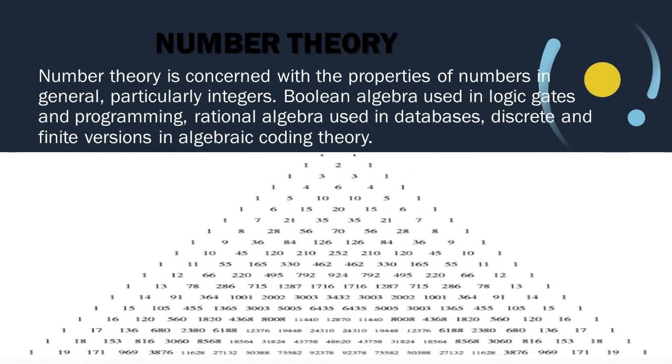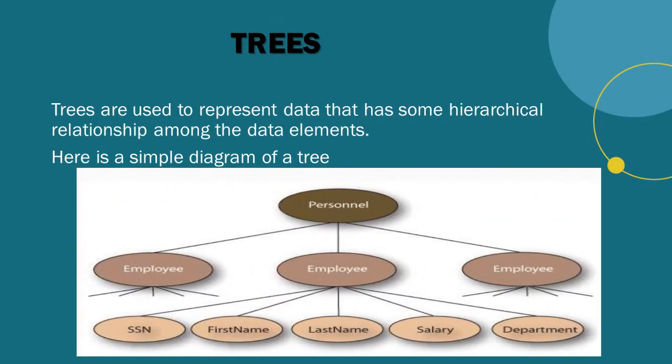Number theory belongs to rational algebra, basically for databases, discrete and finite versions in algebraic coding theory. Trees, as I told earlier, are used to represent data that has some hierarchy. What does hierarchical mean?